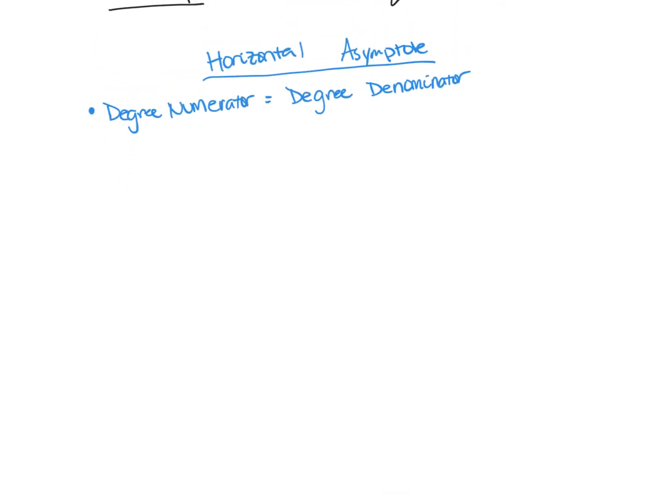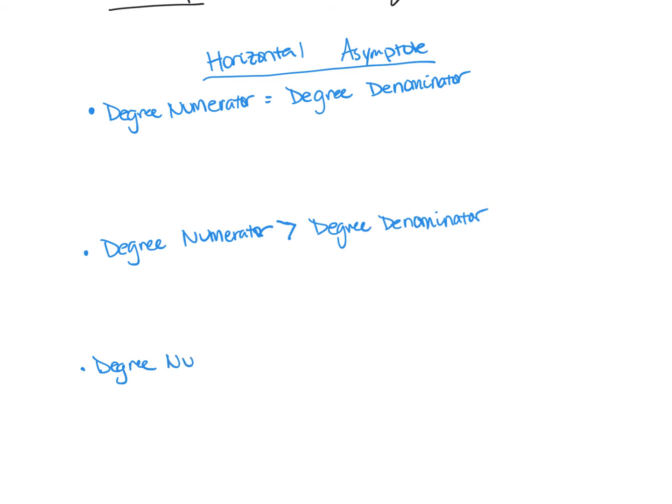Your second situation is the degree of your numerator is greater than, that's the greater than symbol, the degree of your denominator. And the last situation is that the degree of the numerator is less than the degree of the denominator.